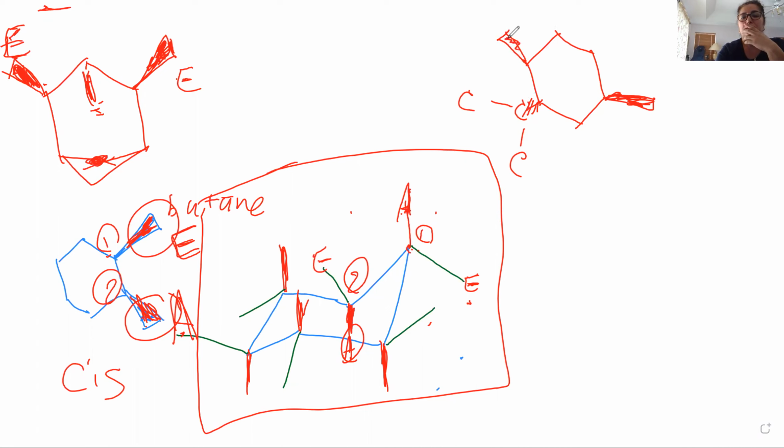How many equatorial branches do you have on this molecule? This is going down. Two. Two equatorial. Okay, which one must be on equatorial?